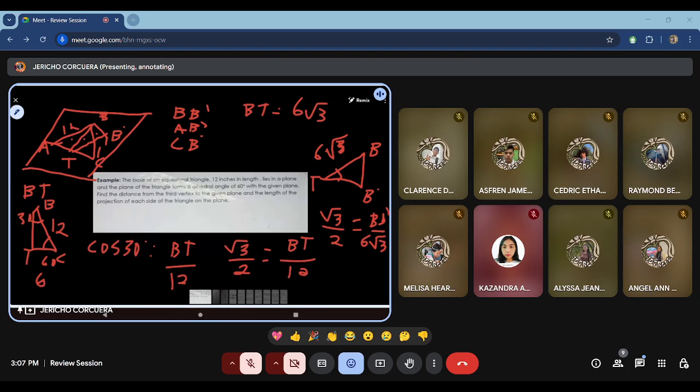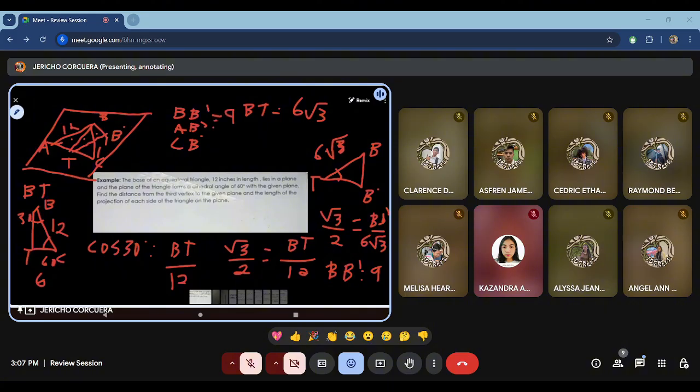Apply MPE. So BB prime is 9 inches. So we already have 9.